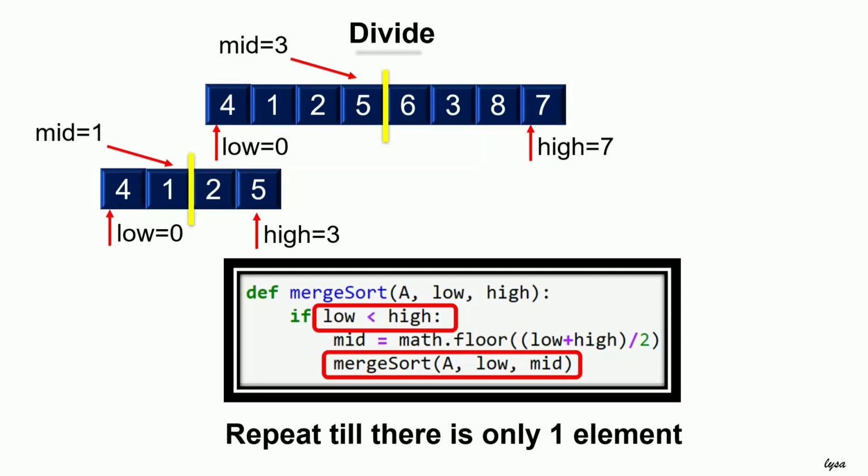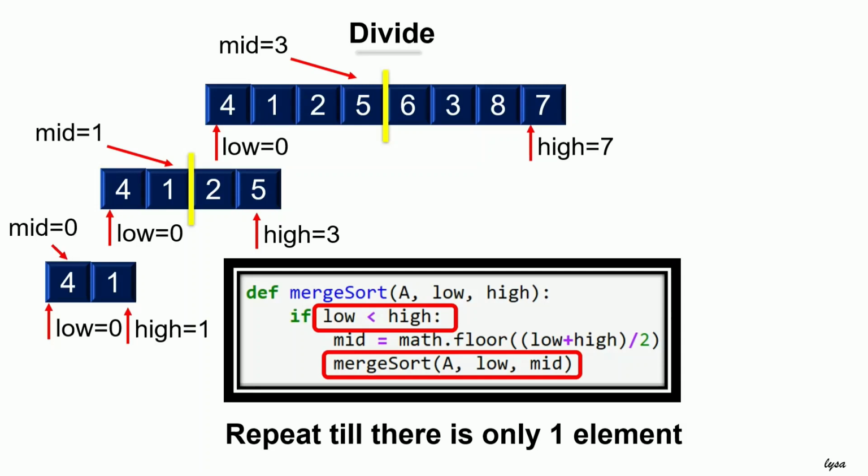Now that I have again split it at the middle, I create the next sublist. Recursively, only the left sublist is being created. Now this creates a sublist with the values 4 and 1. Now the low is at 0 and the high is at 1 because the mid value in the previous parent was at 1.